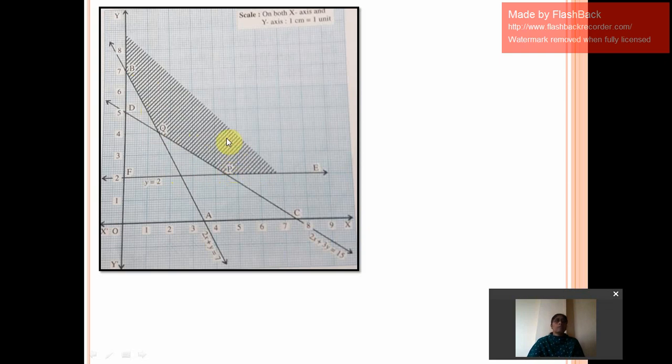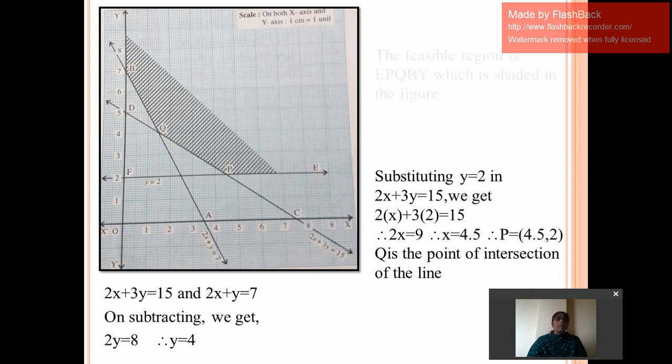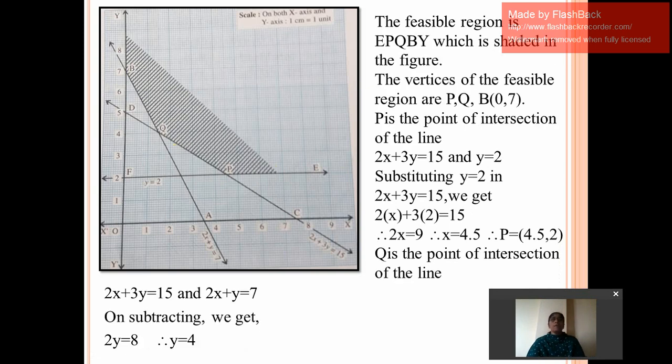Feasible region is E, P, Q, B, Y. Shaded portion is the feasible portion. E, P, Q, B, Y is the feasible region.